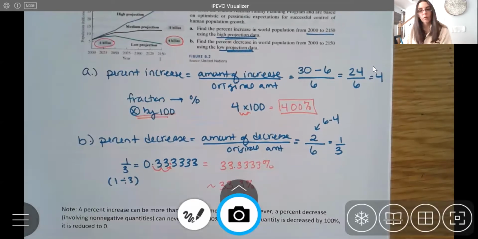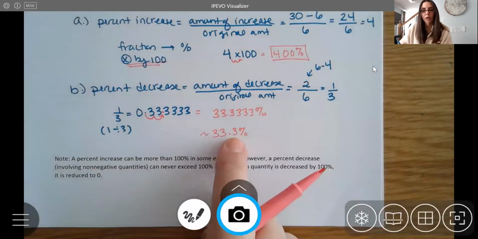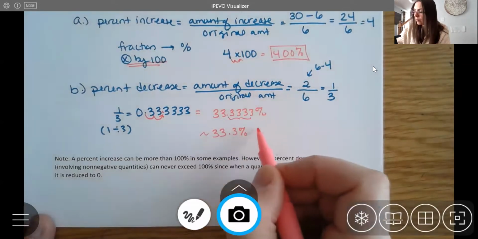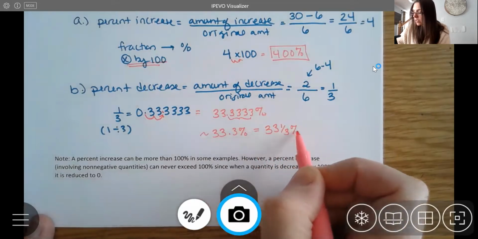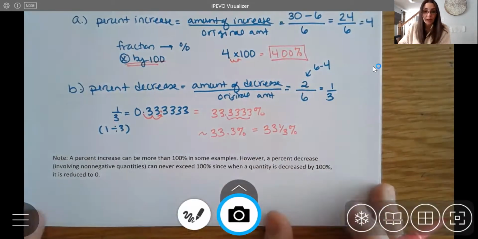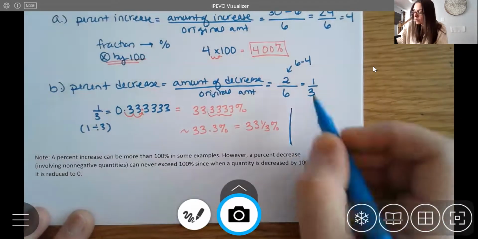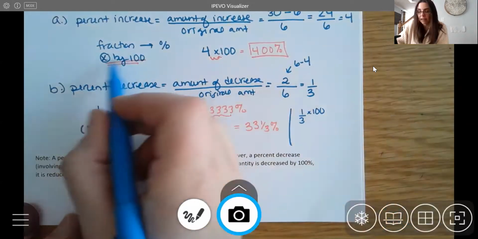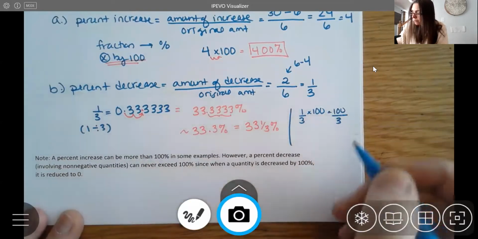Now, the other way you could do that too, if you want to have a more accurate answer, is you could use a fraction here. So you could either recognize that this 0.3 repeating, it's a pretty common fraction, is 1/3. So this percent could also be expressed this way. Or another way to do it is when you have that 1/3 and you multiply it by 100 to get your percent, this becomes 100/3.